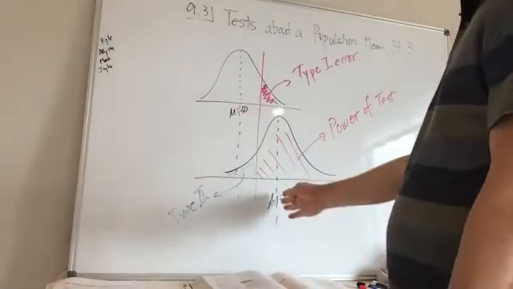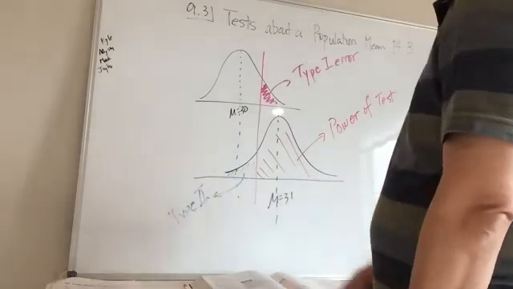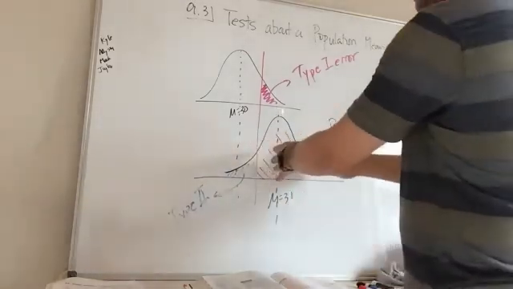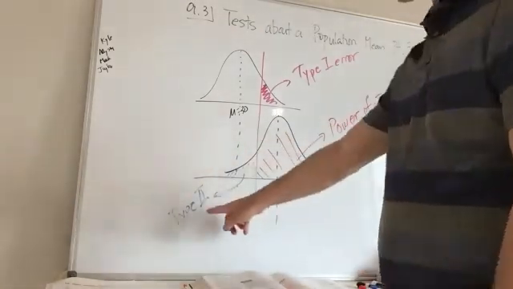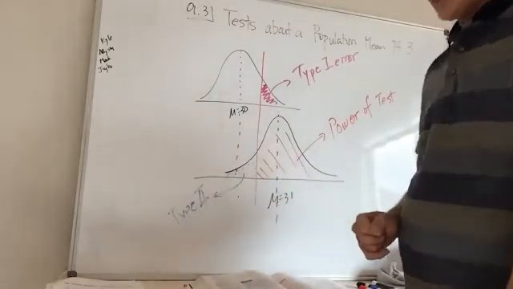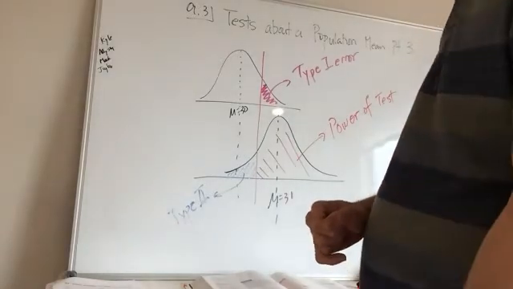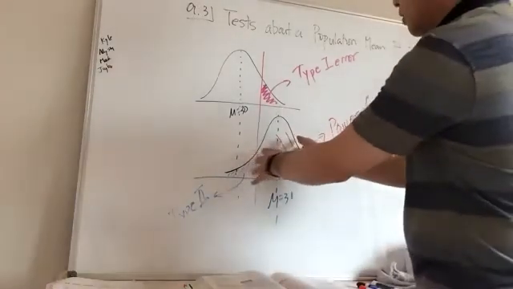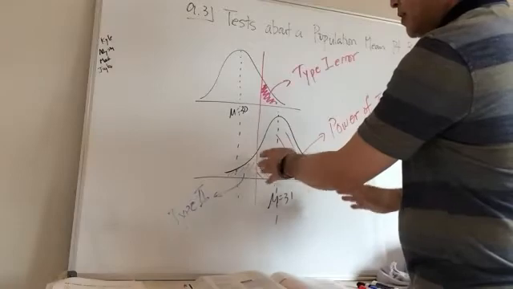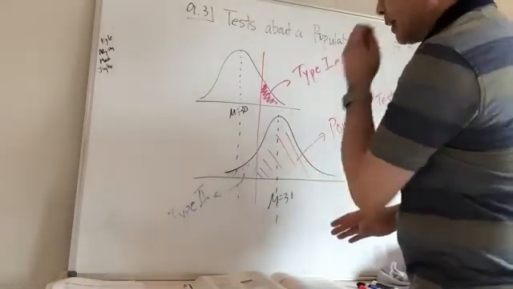If my mu was actually 33, and I shifted it over here, what's that going to do to the type 2 error? Is that going to reduce it, or is it going to increase it? If I shifted this over here, it's going to reduce it, because the tail over here is going to be less.